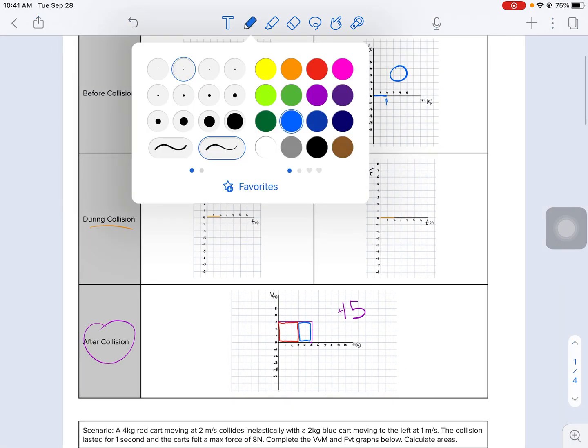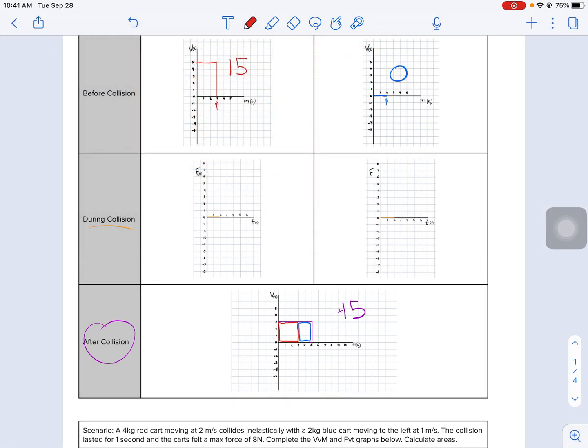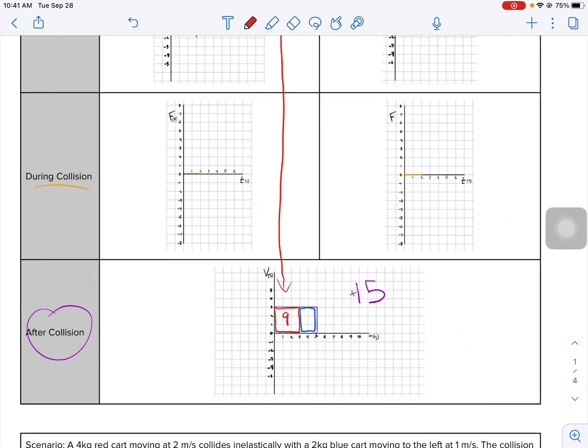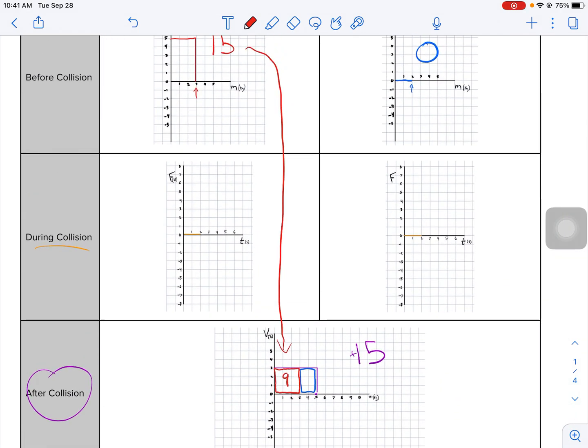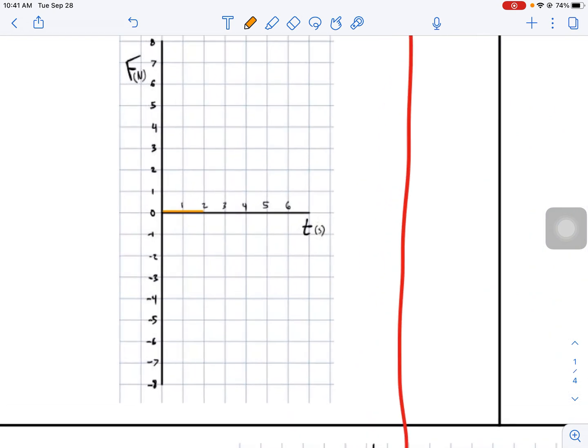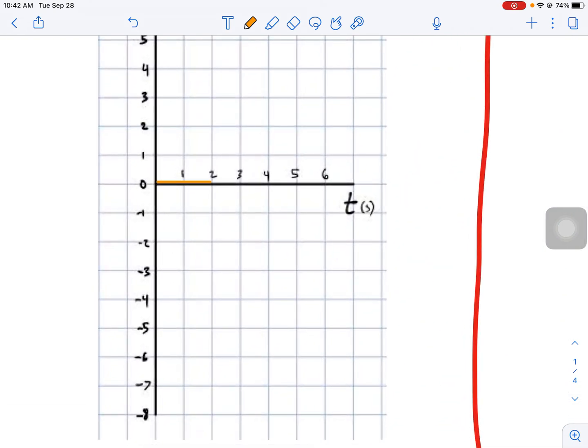So how much did the momentum change? Well, we started at 15 for the red cart. We ended up with 9. And that's a change of 6. It went down. It lost 6 kilograms meters per second of momentum. So this graph needs to show an impulse of 6 kilograms meters per second.